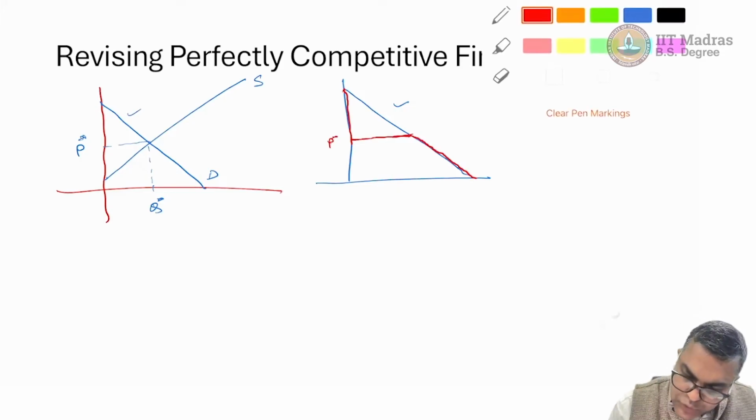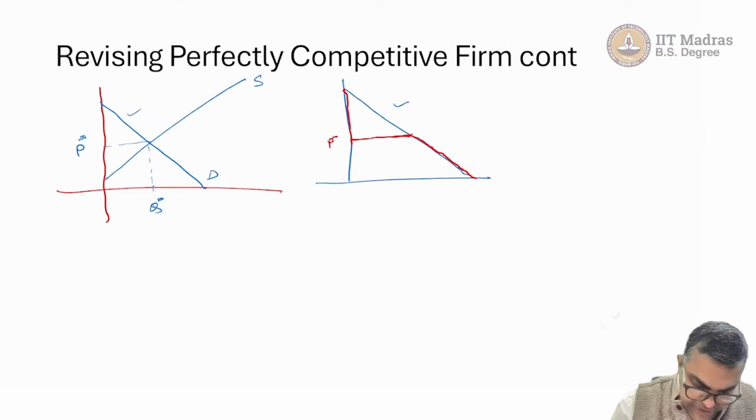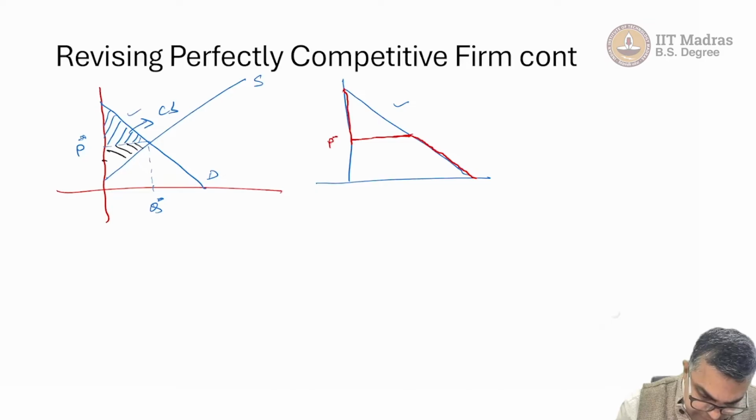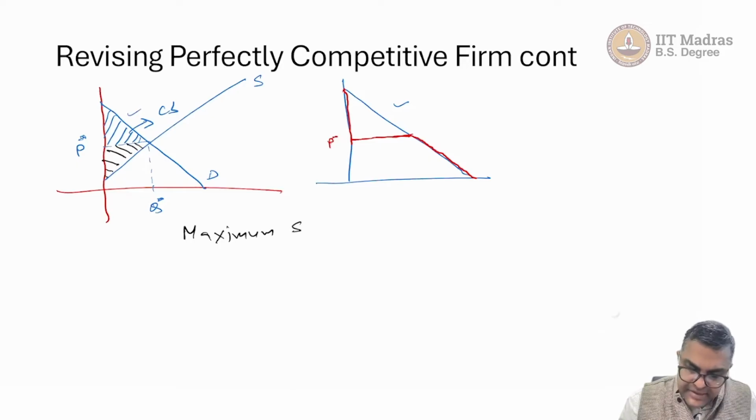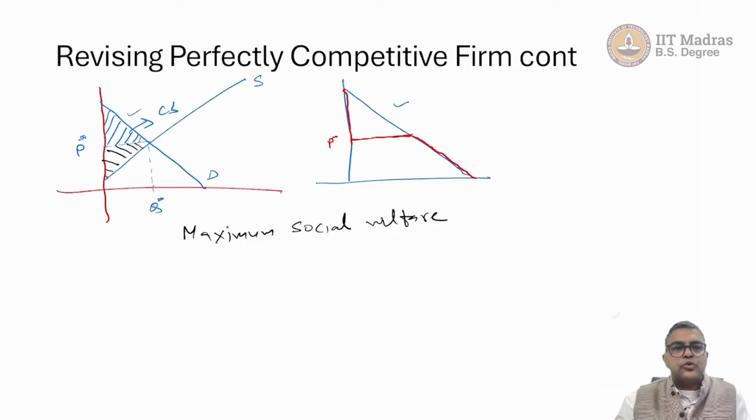And we had also figured out in this setting that this is consumer surplus CS and this is producer surplus. And we see this is the maximum social welfare that can accrue to the society. That's what we had figured out.